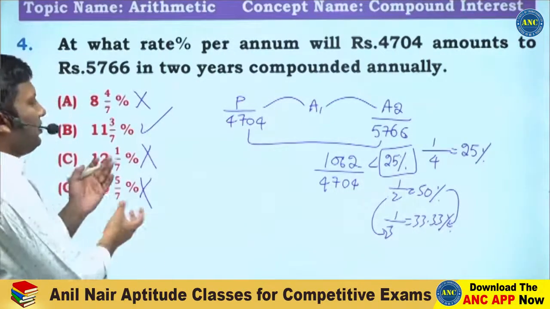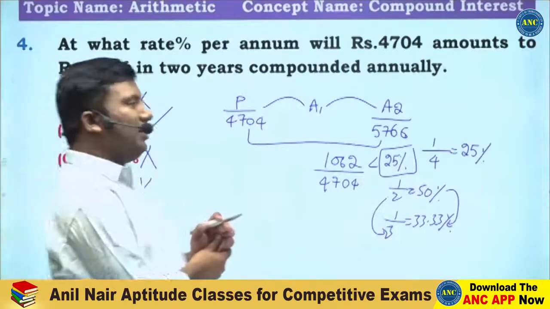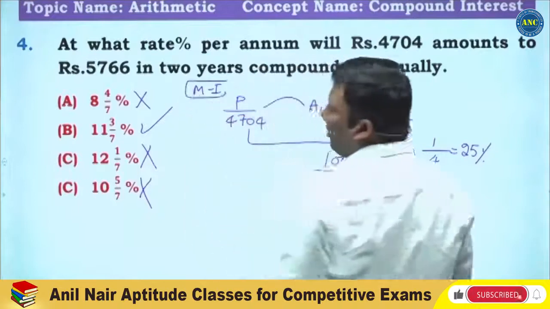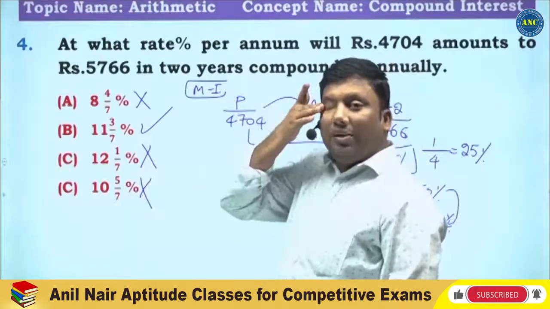This is one way. Just by looking at the question, you are getting the answer. This is method 1. If the answer options are very far, you can eliminate them.